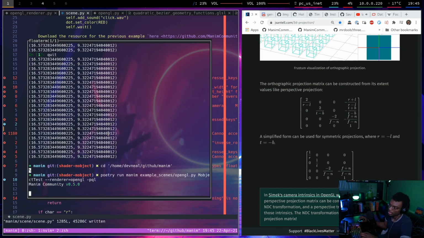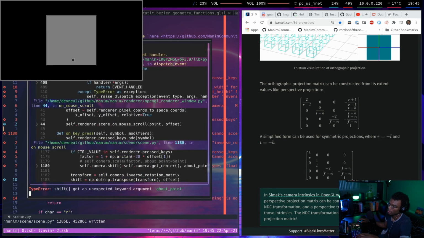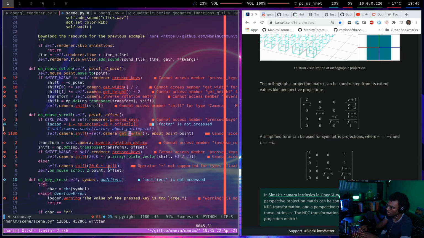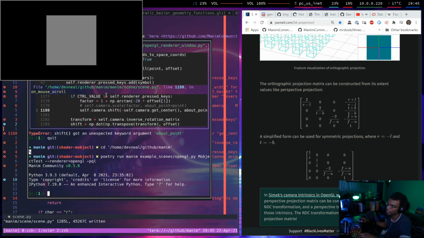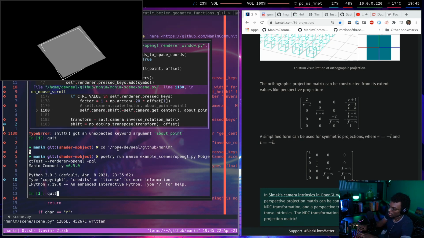So let's just see what that does. Unexpected keyboard, that makes sense, I think. Well, it doesn't do anything.